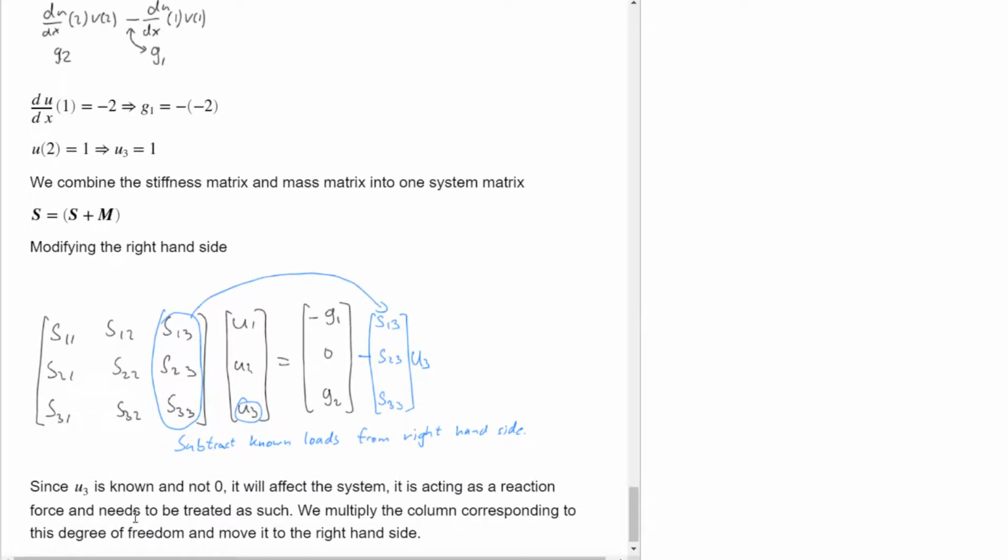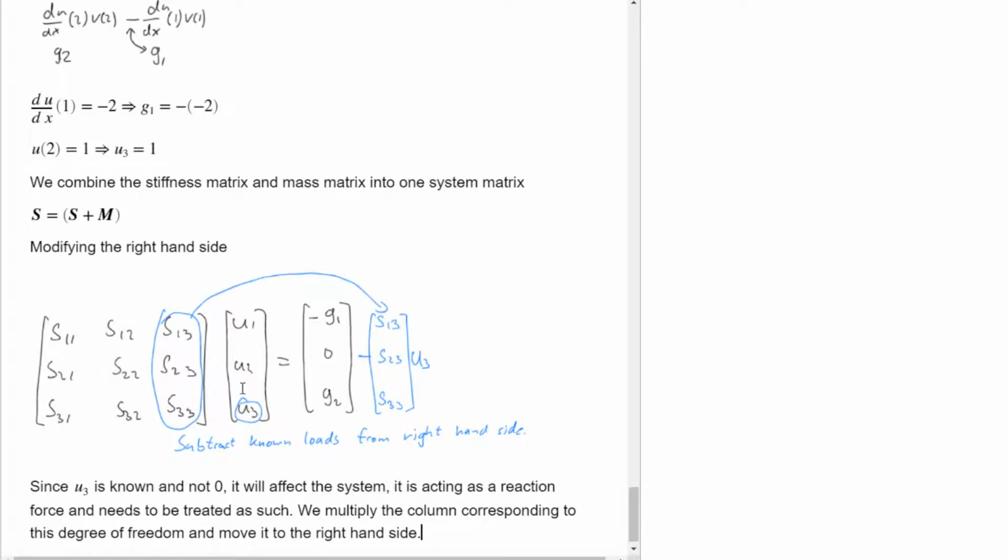Since U3 is known and not 0, because last time it was 0 and it was just a reaction force of 0, so it didn't affect the system. In this case, it is not 0, it will affect the system, and it's acting as a reaction force, and it needs to be treated as such. So we will move it to this right-hand side. The whole column will be multiplied, the one that multiplies U3, the column which has these 3's here.